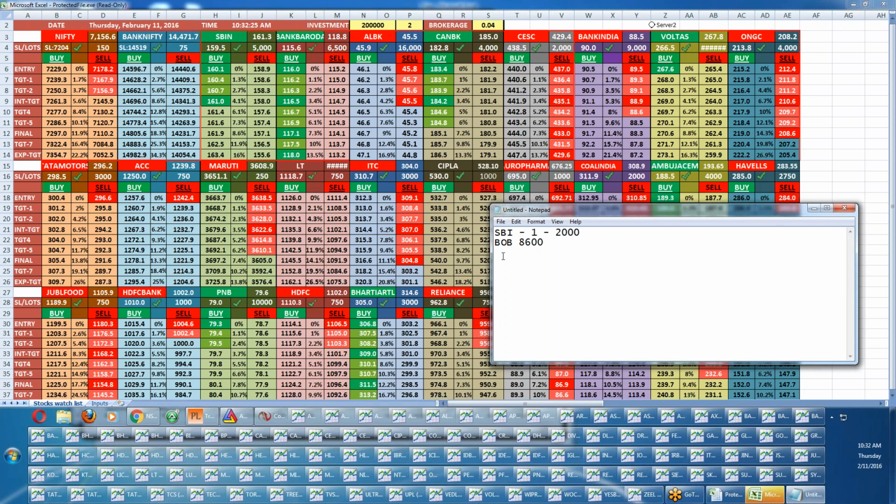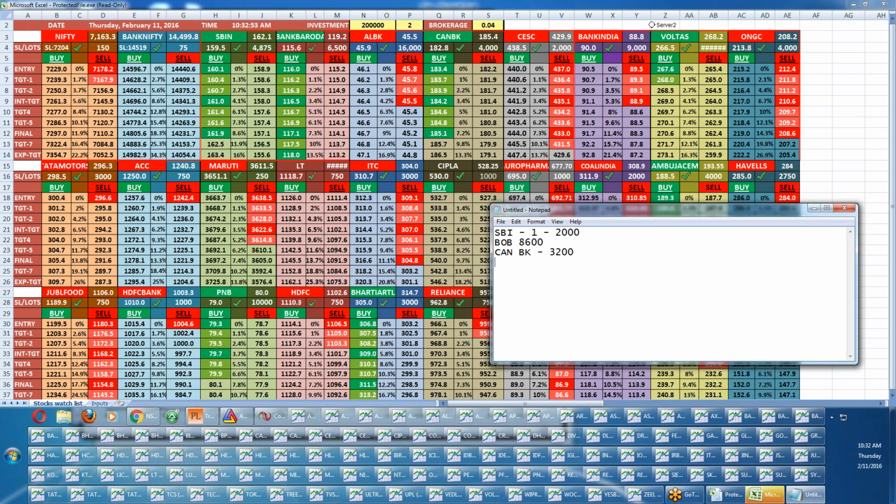So let's say even 1.60, 1 rupee 60 paise on that, and your lot size is 2000. That gives you 3200 rupees.